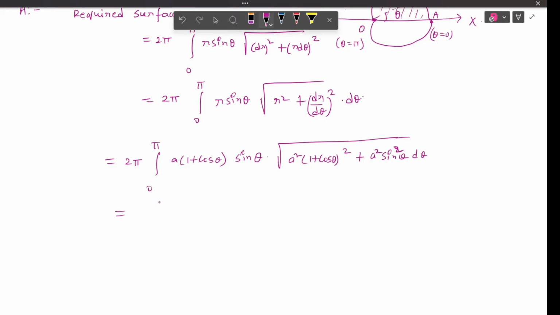So we solve this. We take a square common, this will be a into a square. So this is 2 pi a square from 0 to pi. 1 plus cos theta we can write as, we know that 1 plus cos 2 theta is 2 cos square theta.